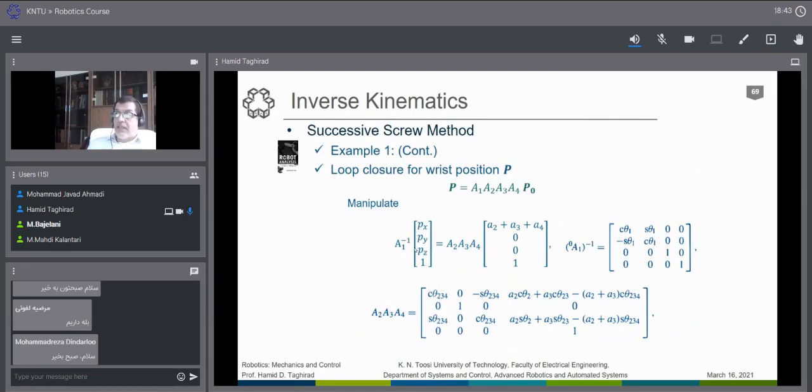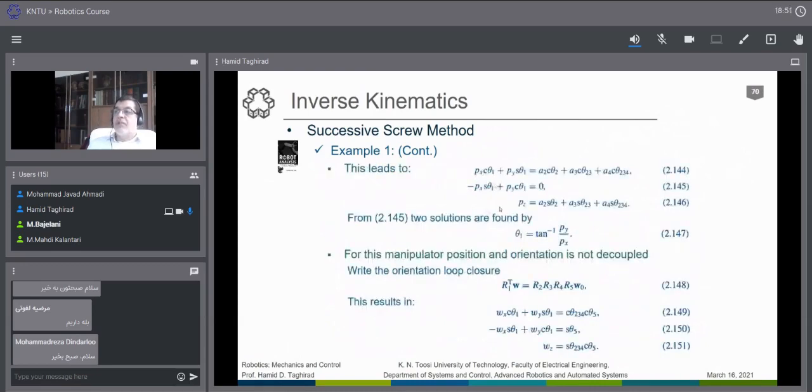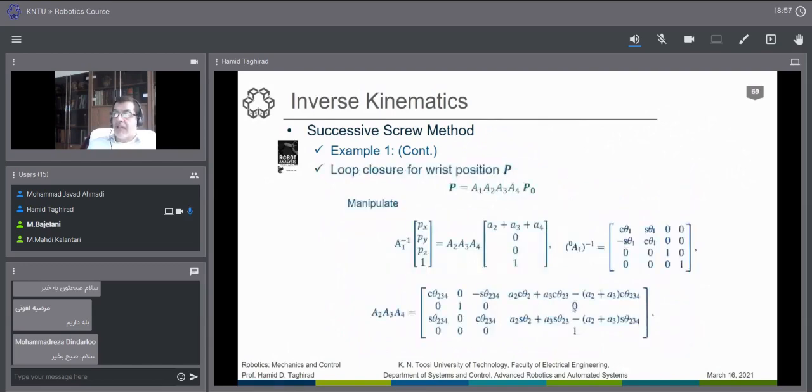And let's see what the left-hand side is. If we multiply this to Px, Py, Pz, we find this part. This is the left-hand side of the equation, and this would be the right-hand side. As I mentioned, the right-hand side is quite easy. And when we multiply this vector to this part, we have only the last equation and the first equation.